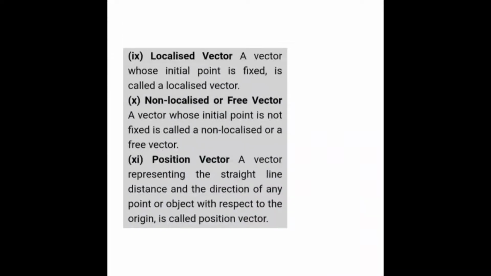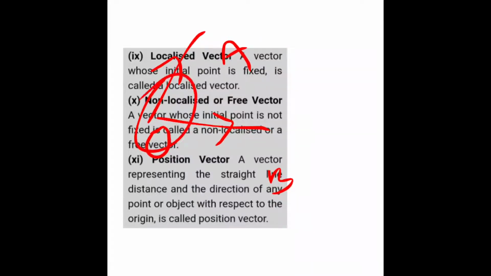A localized vector is a vector whose initial point is fixed. Now you see there will be a confusion. Just now I told you that if two vectors are starting from point O, one is vector a and one is vector b, this is called a co-initial vector. Now if this point is fixed, meaning every time the vector arises from the same point O, then we say that is a localized vector.